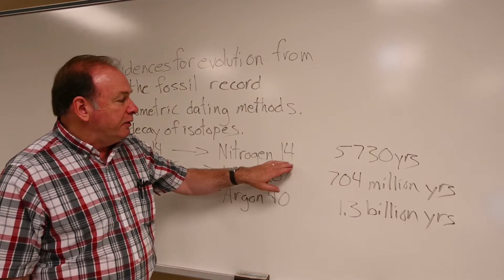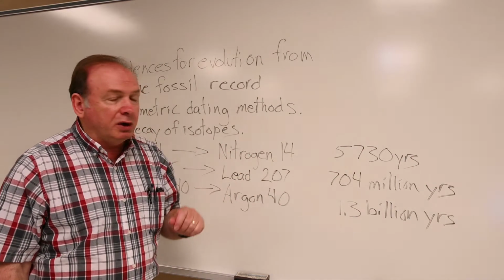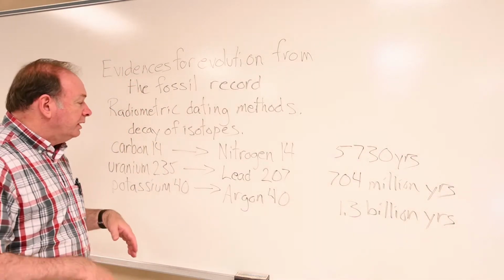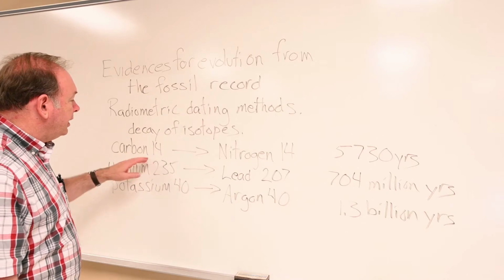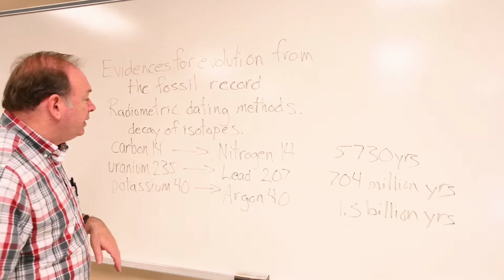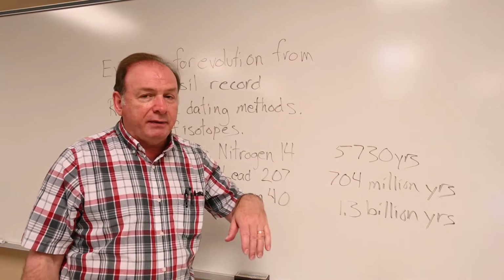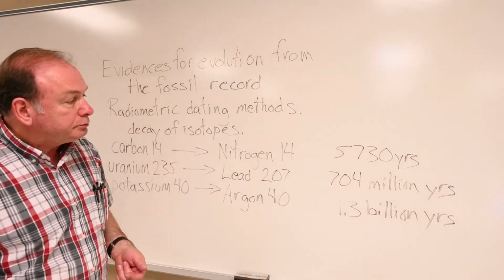Half of it will change over to nitrogen-14 in 5,730 years. So if you look at the ratios of carbon-14 to carbon-12, to kind of tell you where you are in relation to what living things would have in it. Anyway, the half-life is 5,730 years.